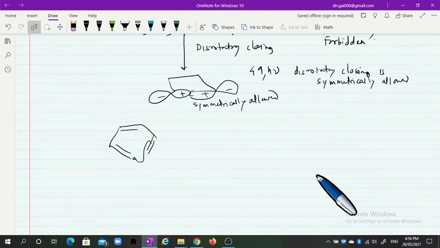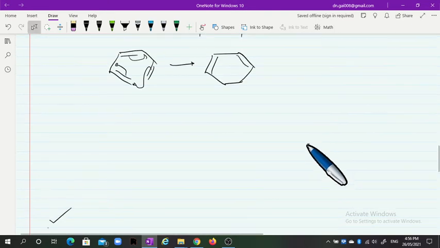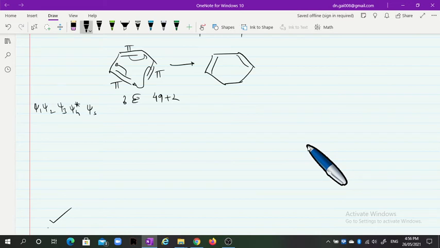Then the second example, 1,3,5-hexatriene. This is the open chain, and you will obtain the cyclic product. In this case also there are three pi bonds, a six-electron system. That means it is a 4q plus 2 system. Therefore there should be psi 1, psi 2, psi 3, psi 4 star, psi 5 star, and psi 6 star.